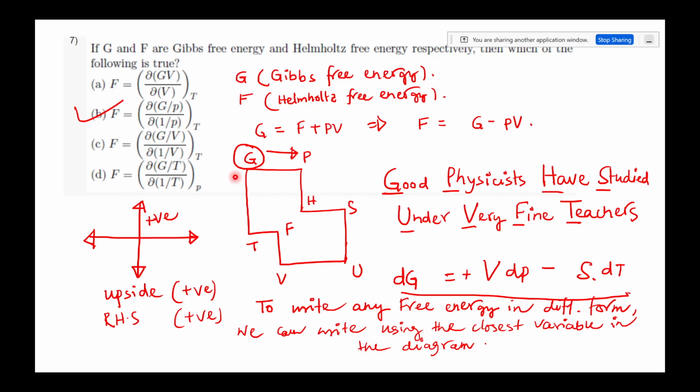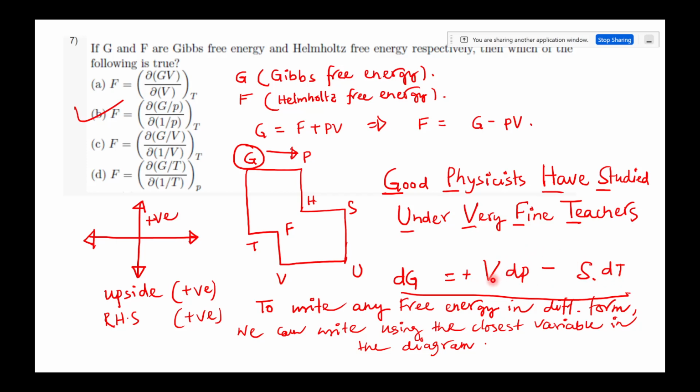For downward direction it will be negative, for upward positive, for right-hand positive, for left-hand negative. That's why dG is VdP minus SdT. Why V and S? Because these are canonical conjugate variables for P and T respectively.